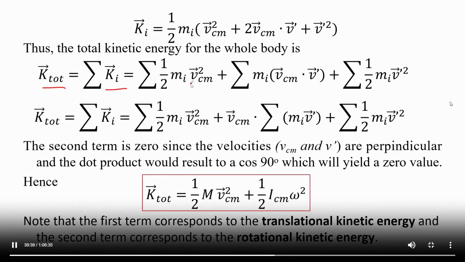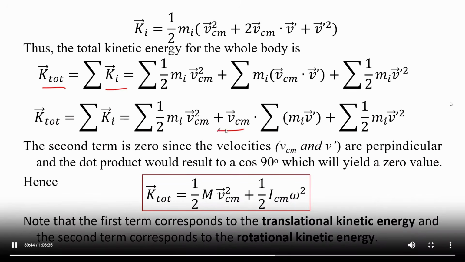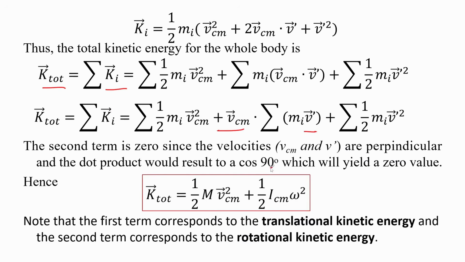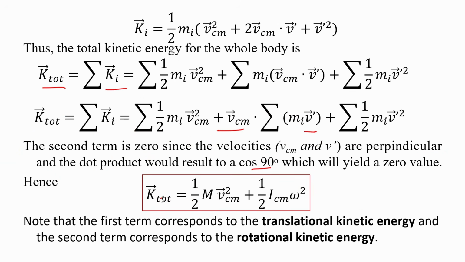The angle between VCM and VI prime, the tangential or translation, is 90 degrees. If we go back to the figure, see, VCM here, VI prime here, so this is 90 degrees. So the cosine of 90 degrees would yield 0, so the middle term disappears.